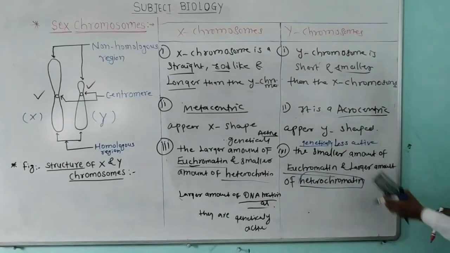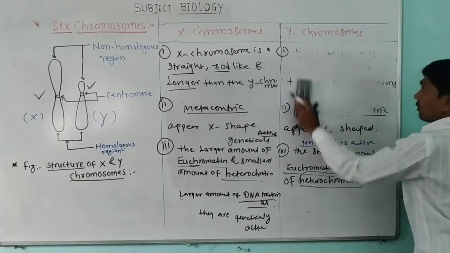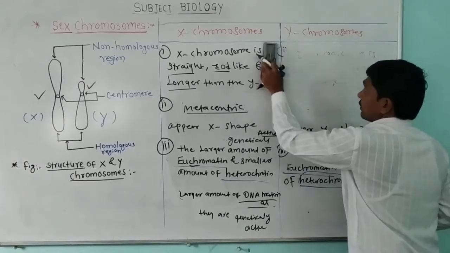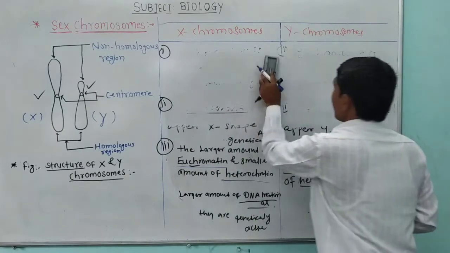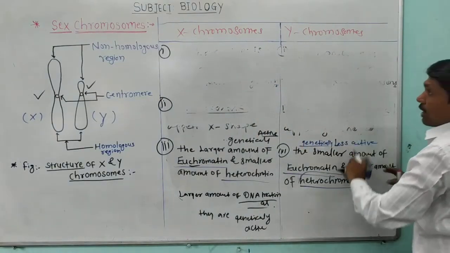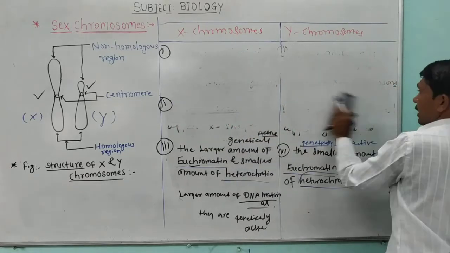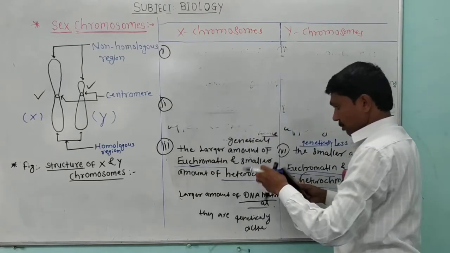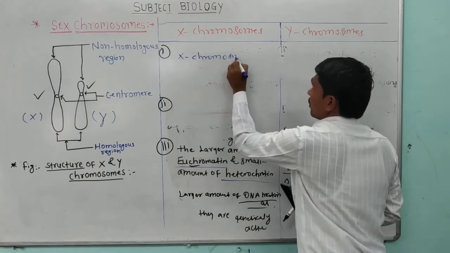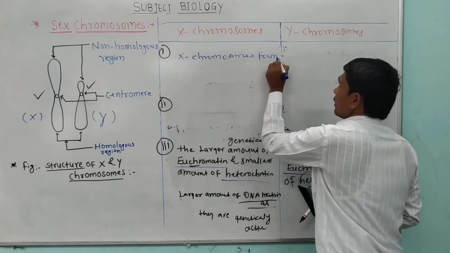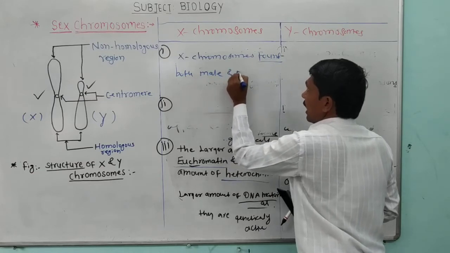Okay, then the fourth point. In the X and Y chromosomes, the X chromosome is found in both male and female.